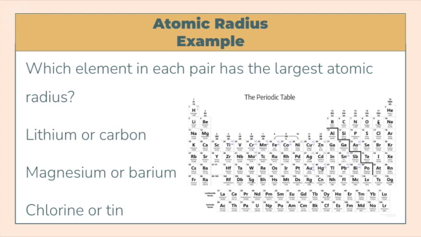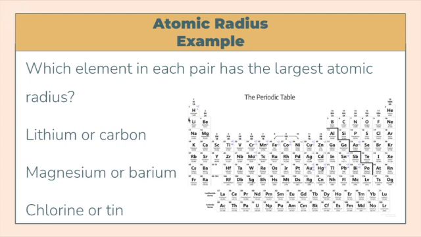And when two elements are in the same period, you compare the number of protons in their nucleus. Two elements in the same period are not going to have a different number of electron shells. They're going to have the same number of electron shells. The only difference is going to be the number of protons in their nucleus.